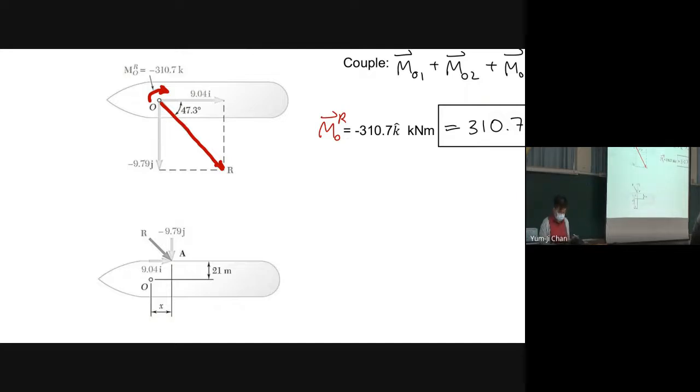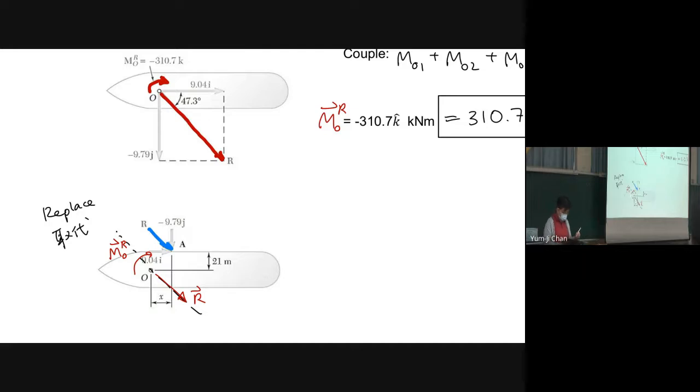So we suppose the force is acting here, and the force R is the same, but the original force-couple system R and MOR is now replaced by a single force.